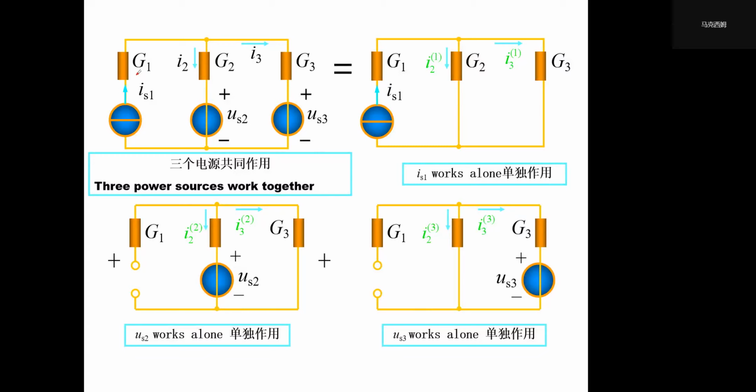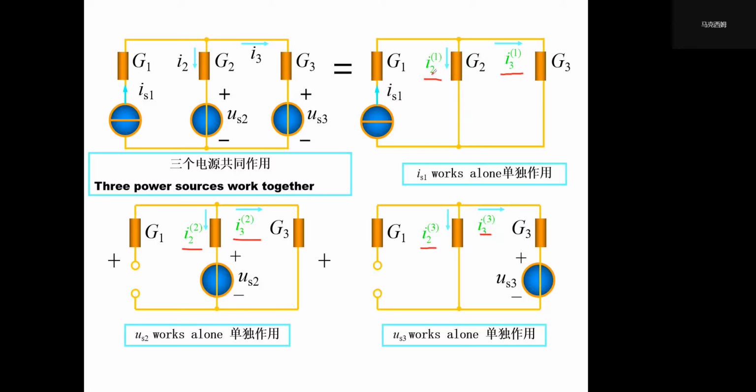So we divide this circuit into three sub-circuits, and we can calculate the corresponding I2 under the three cases. We calculate three simple circuits and get I2 1, I3 1, I2 2, I3 2, I2 3, I3 3.